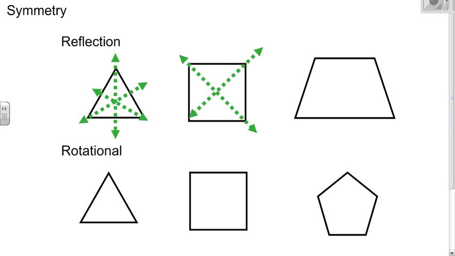You have the diagonals, as well as cutting it straight down in half, either vertically or horizontally. So there are 4 lines of symmetry in a square. Even with an isosceles trapezoid, you can cut it in half down the middle. If you fold that over, it would match up. That's reflection symmetry. It's the same on the left and the right of the axis of symmetry.